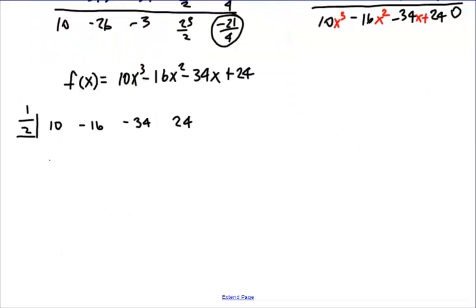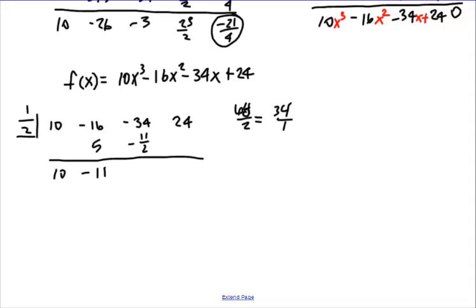And when I do that, do your synthetic division, you get 5, negative 11, negative 11 halves. That would be negative 60, 64 over 2, 68 over 2 for 34. So 68, 79 halves. This is not going to work, I can already tell. So positive 1 half won't work.